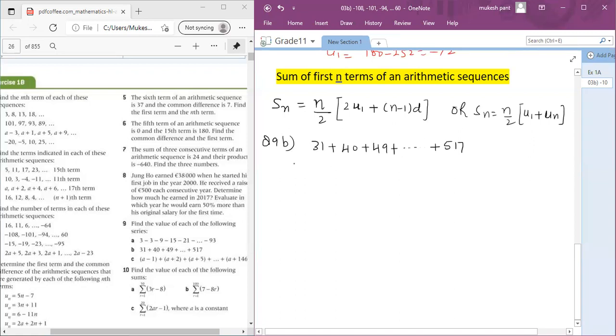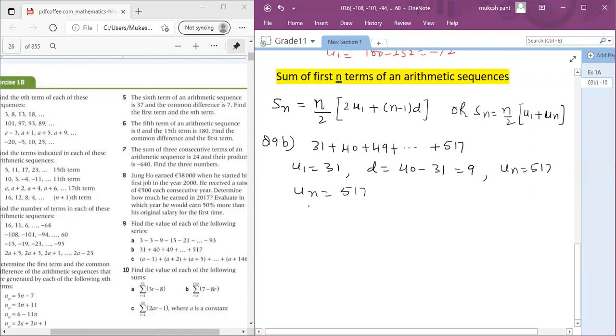Okay, so u1 equals 31. Common difference equals 40 minus 31, which equals 9. And the last term un equals 517.